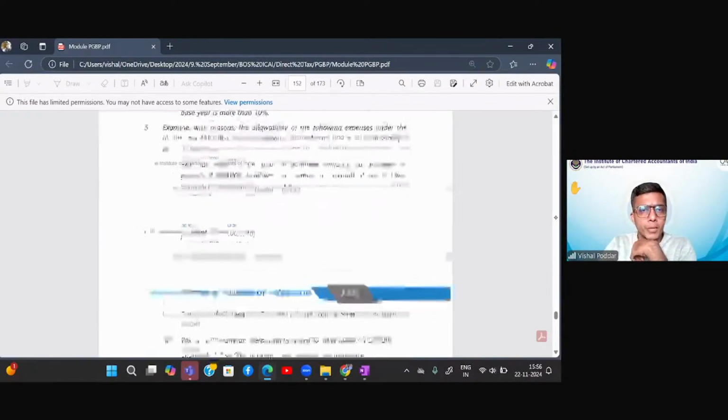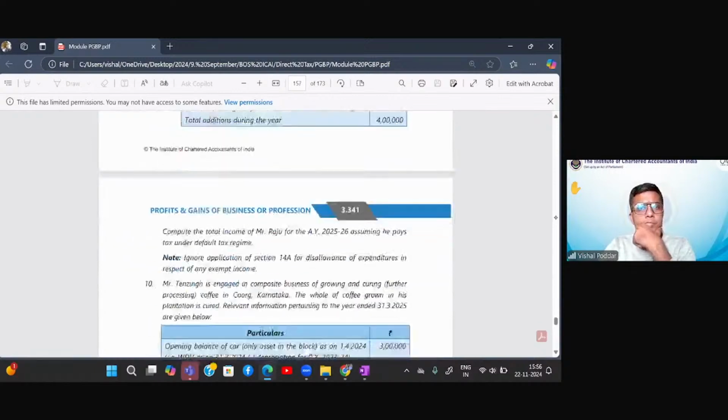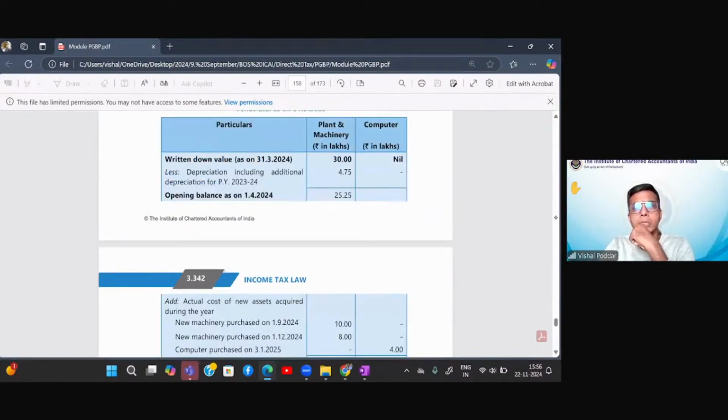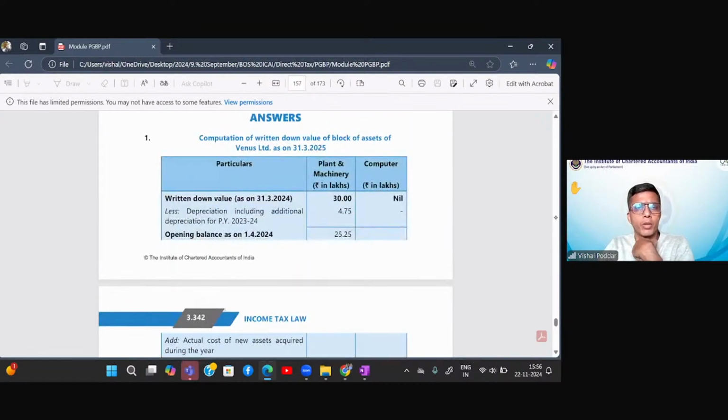Let's see if they have given any answer to this. Okay, they have done for computer also. I did not do it for computer because I thought they only want plant and machinery. Yes, Hardik, you have a question?